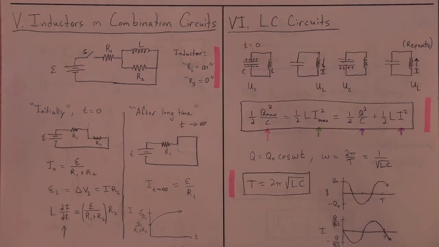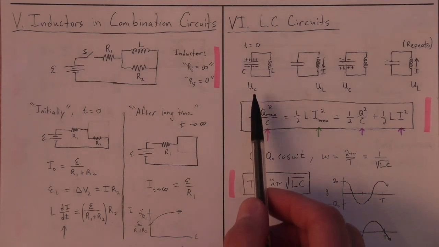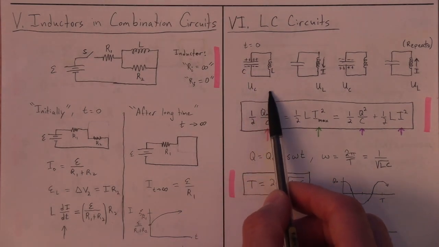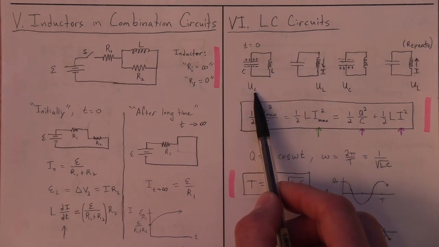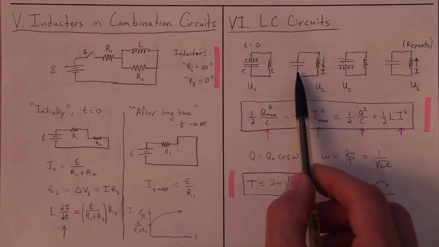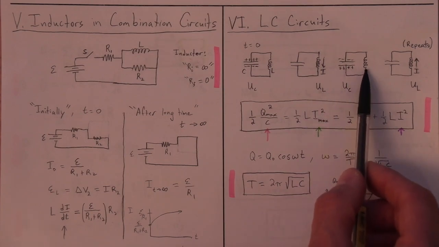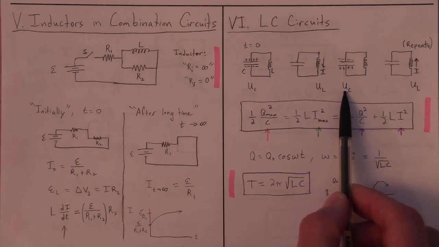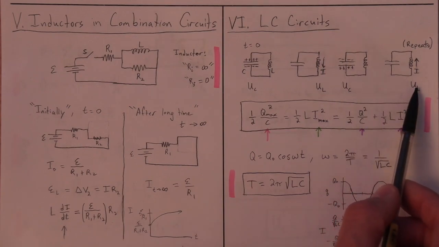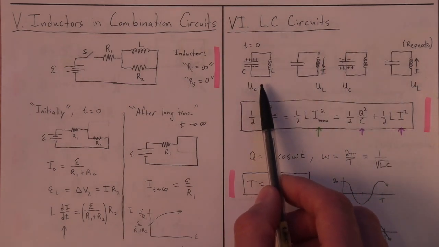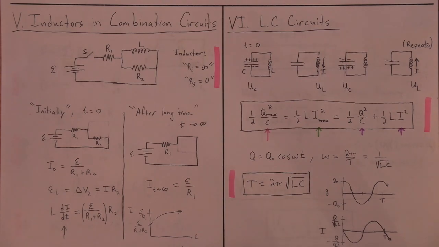How do we analyze this mathematically? What we do is we realize that we have energy in the capacitor, then no capacitor energy but inductor energy. Then the inductor energy is 0, and we have all capacitor energy. And then we have all inductor energy. So the energy switches between the capacitor and the inductor.